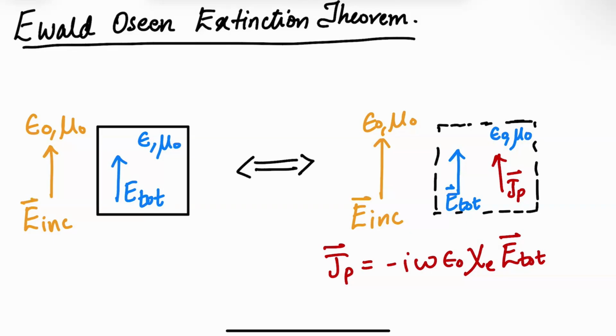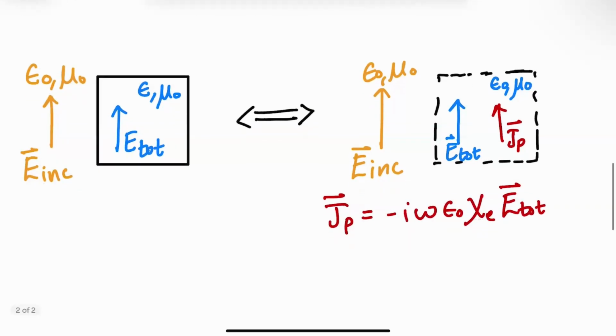But the problem with that, of course, is that JP is unknown and E total is also unknown because they depend on each other. Right? There's like this interrelationship. So we can't solve for either of them from just one equation. So to really solve for JP or E total, you need another equation that relates them. And that equation will be given by the extinction theorem. Okay?